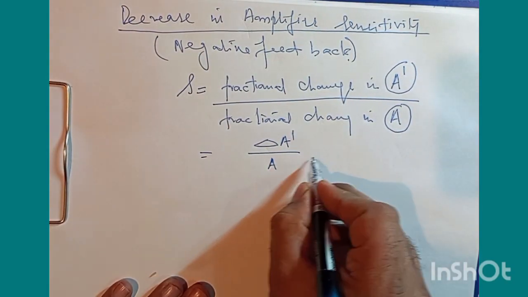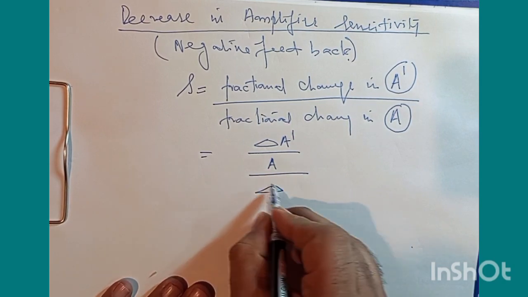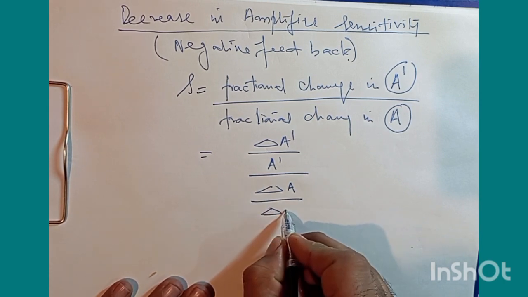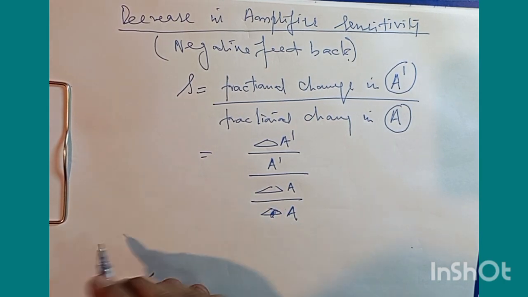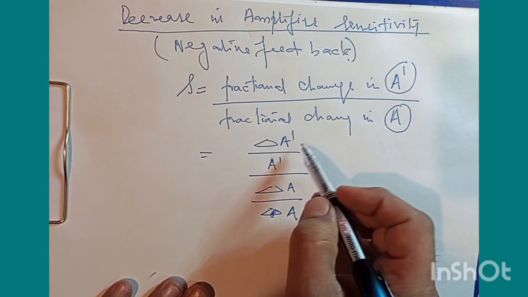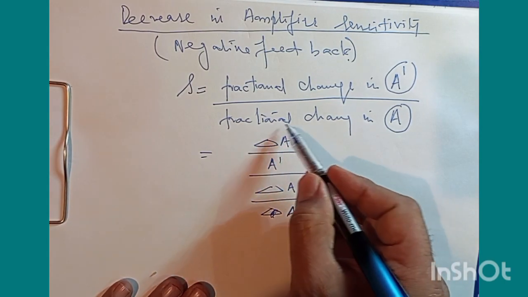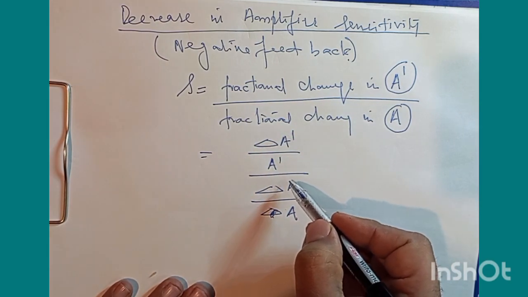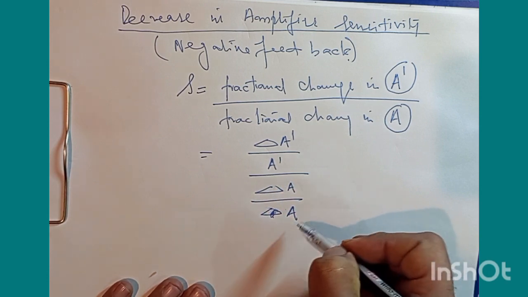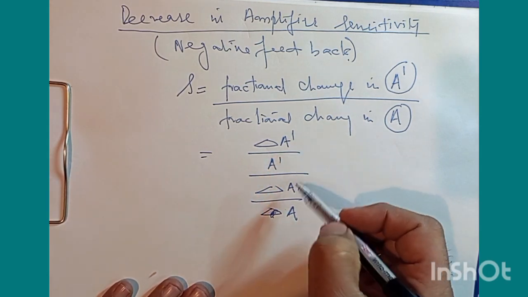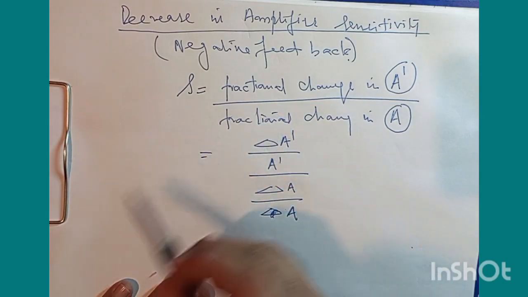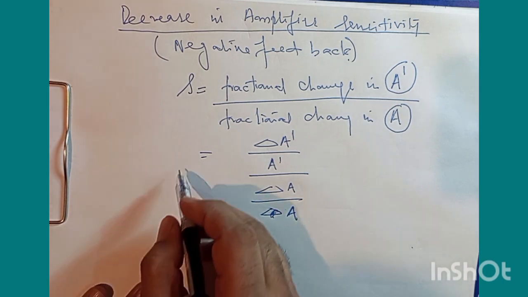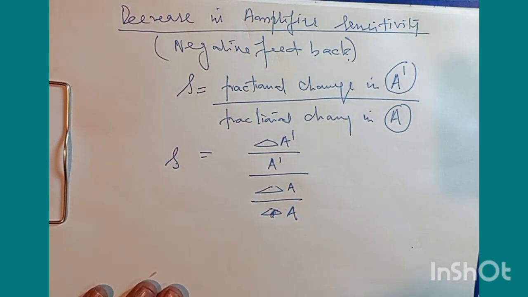So we have the ratio between the fractional change in A dash and the fractional change in A. This overall ratio is defined as the sensitivity of this amplifier.